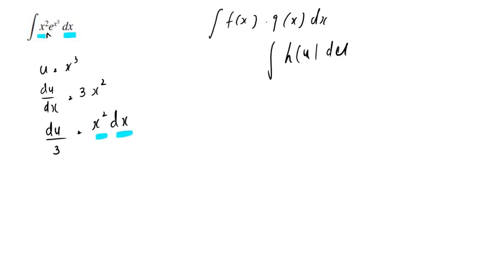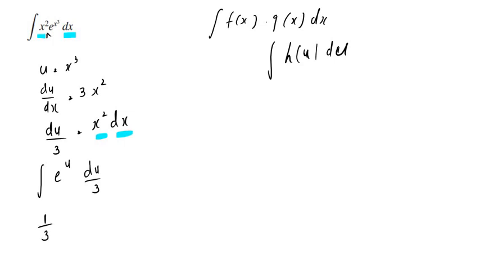So we can substitute that in terms of u. If we substitute u, e to the power x cubed is e to the power u, and x squared dx is du over 3. Now we know how to integrate this, so there you go.